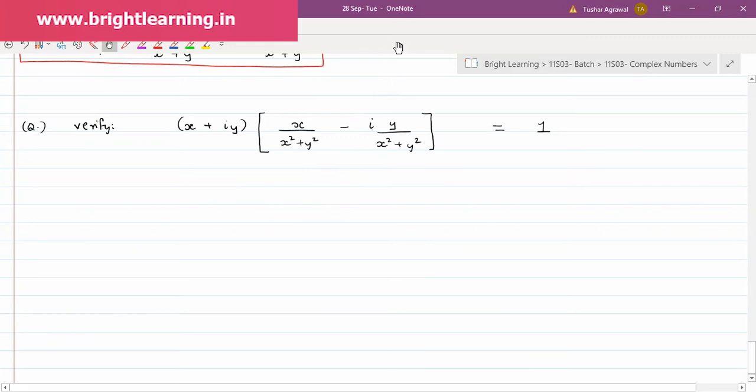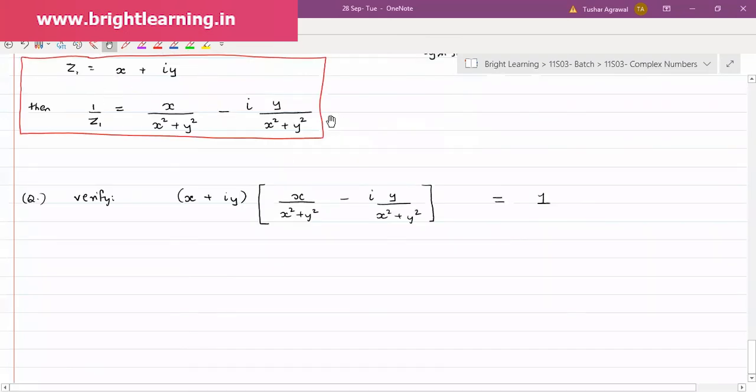Yes, sir, done. 1 horizontal line Z or 1 upon Z is the symbol, and this is the value of that. Multiplying.